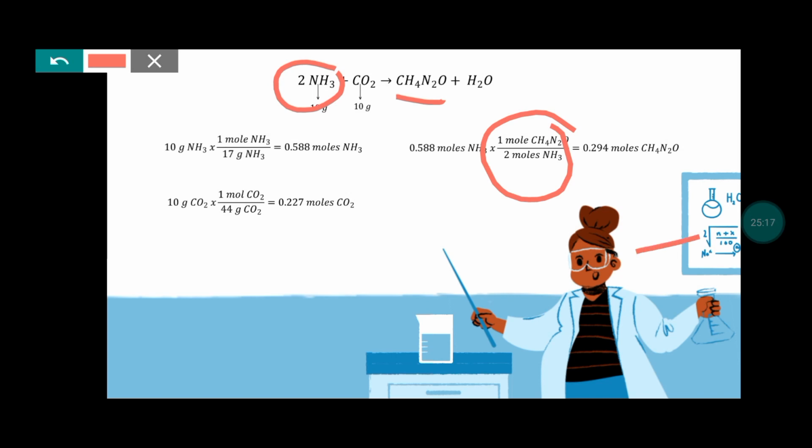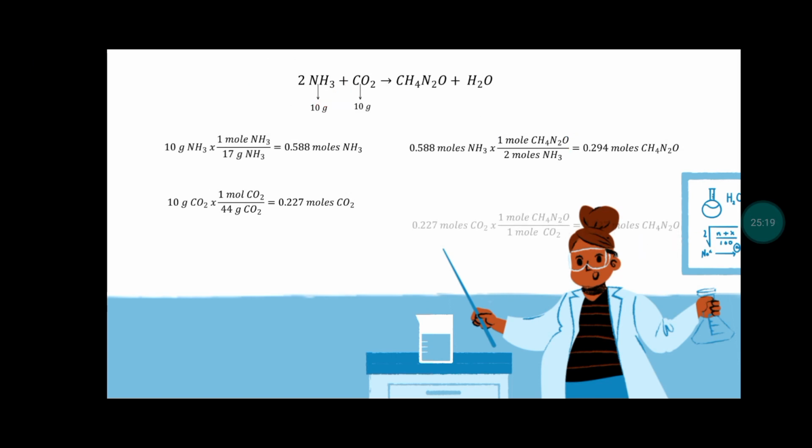While kapag ang ginamit natin ay yung 0.227 moles, 1:1 lang naman ang ratio. Per mole of urea, we need 1 mole of carbon dioxide. So we see 1:1 lang yung ratio nila, so we can calculate 0.227 mole of urea.